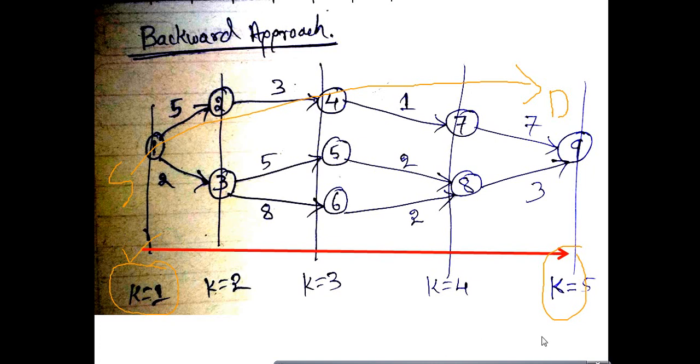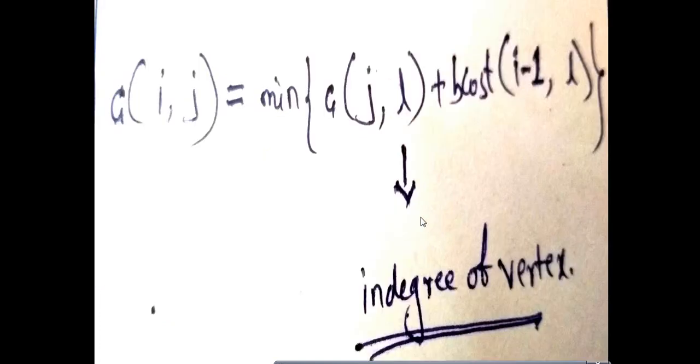Which formula do we use to calculate the minimum cost of the path? C of i, j.